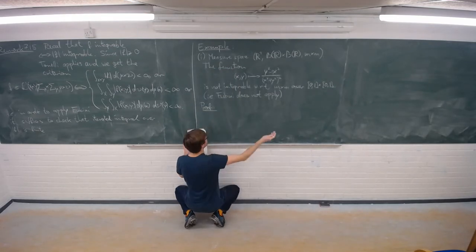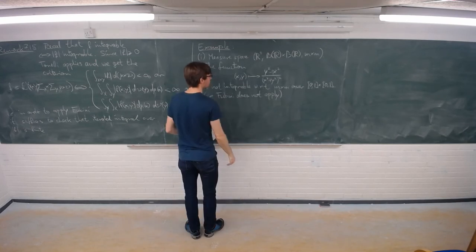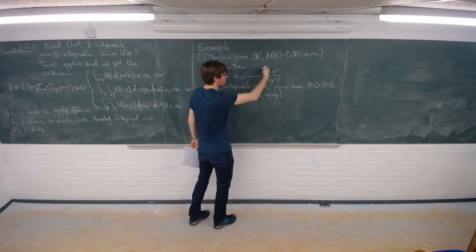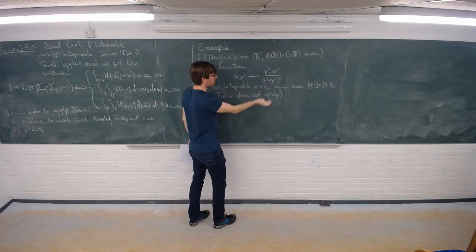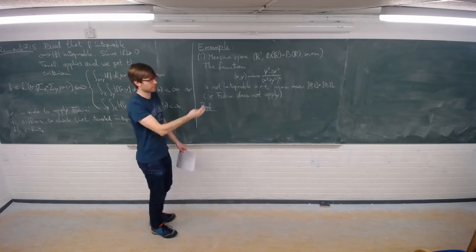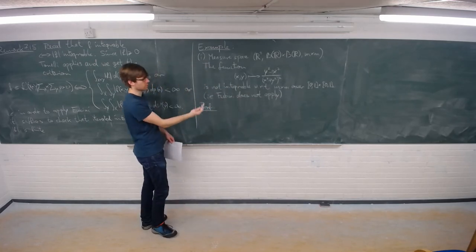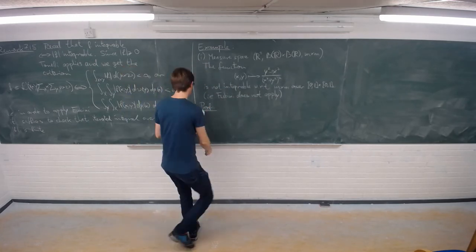Okay, and there's one trick to do this. So we have to take the absolute value and then bound this below by something which is large, right? So that we can show that the integral is infinite.